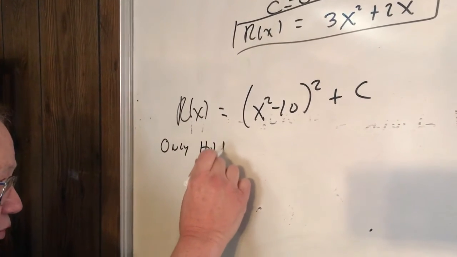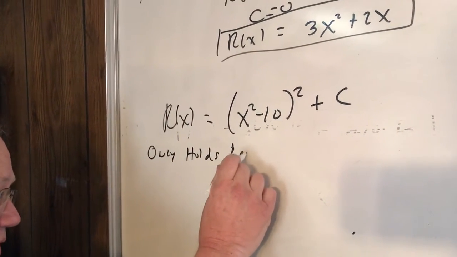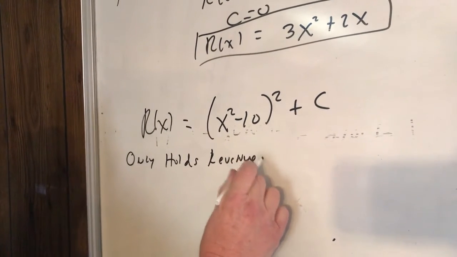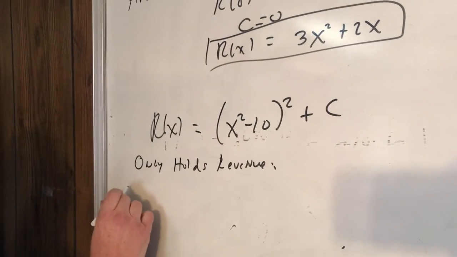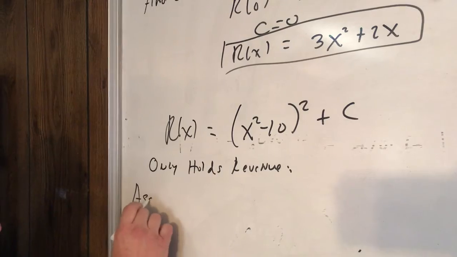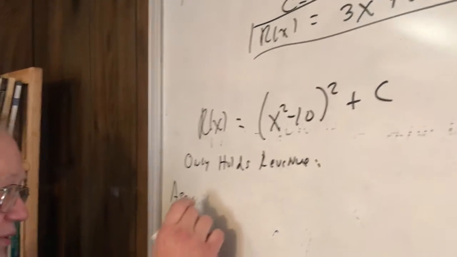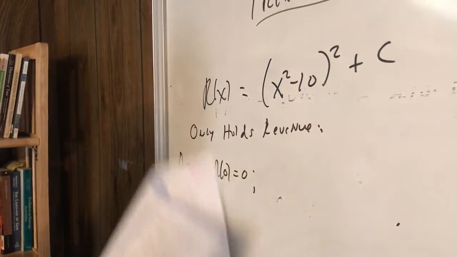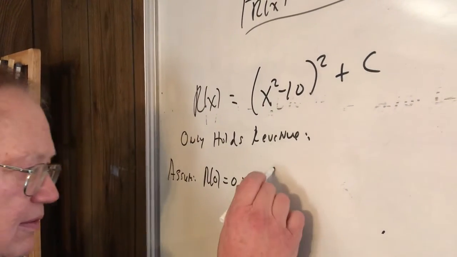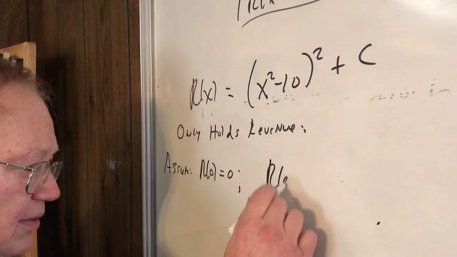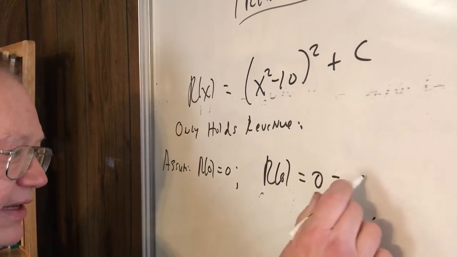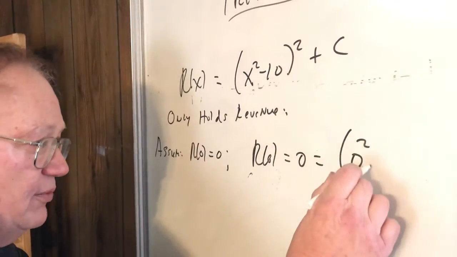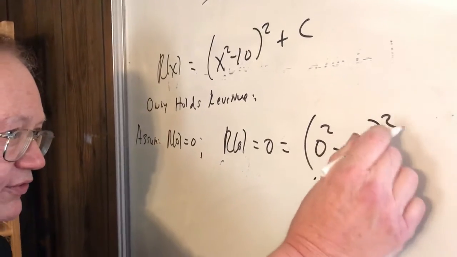Of course, you need some information. So I would assume that R of 0 equals 0. So let's put R of 0 in here. R of 0 equals 0 equals (0 squared minus 10) squared plus C.